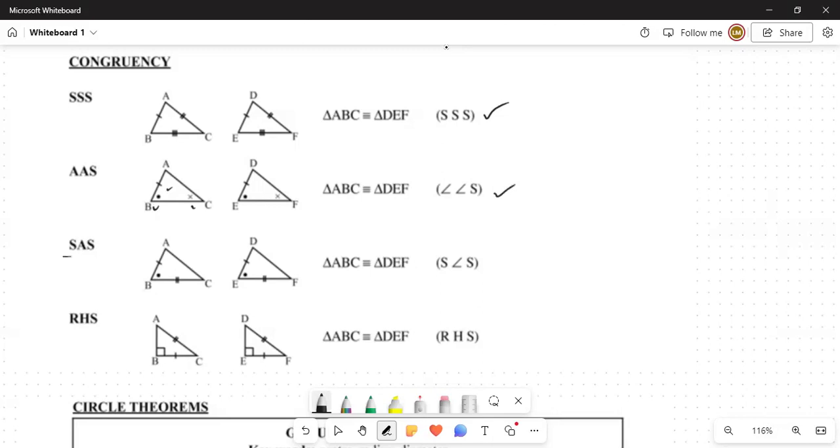If you have side, angle, side, please ensure that the angle is in between, and you know that they are congruent. And if it is a right angle, then we only have to prove that the hypotenuse and one other side are equal, and the fact that it's a right angle. We prove two sides are equal, then we go.